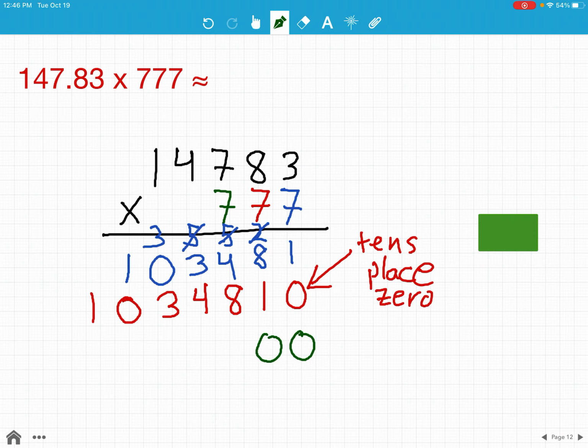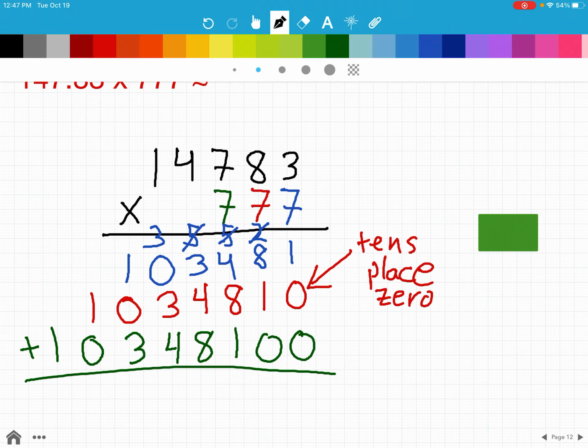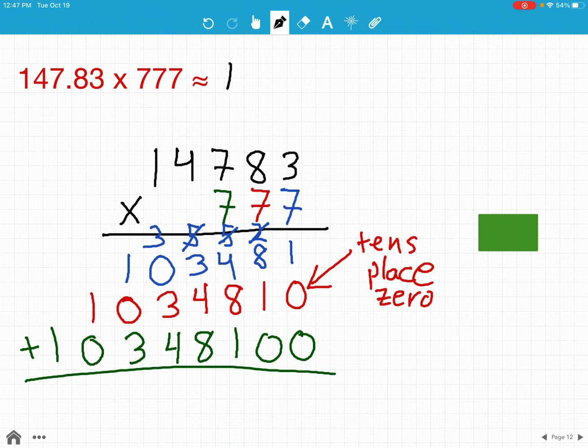All right, now we're doing hundreds, and hundreds have 2 zeros, so we're going to copy the number down again, this time shifting to the left one more time. Oh, I forgot to do my estimation. Let me do my estimation before I go on. We have 147.